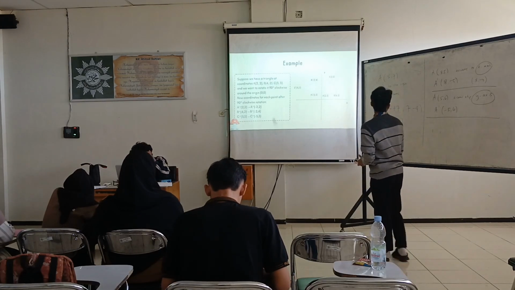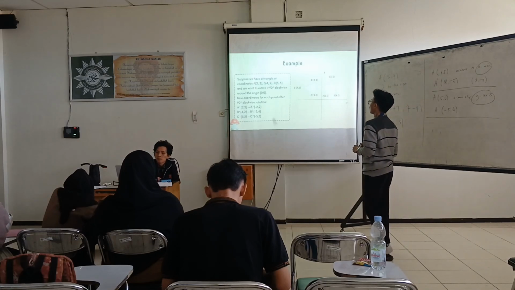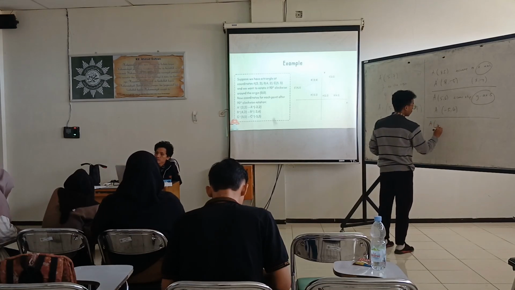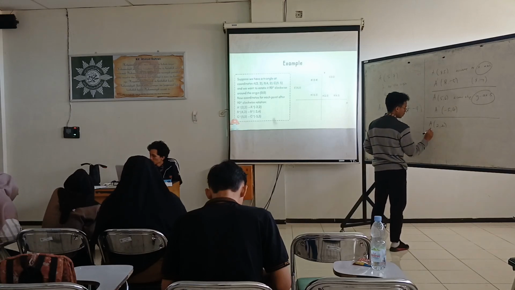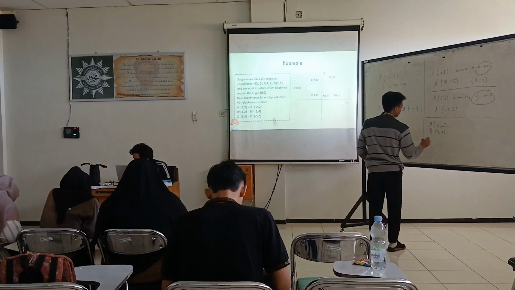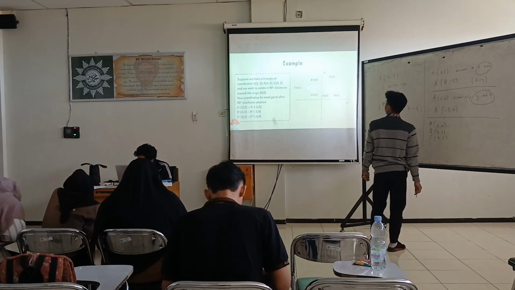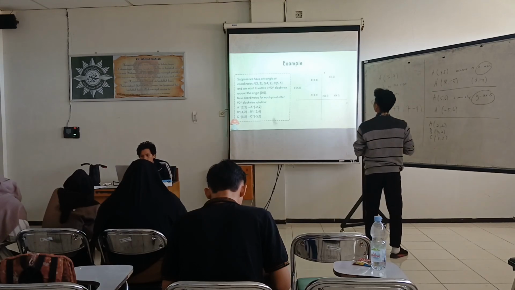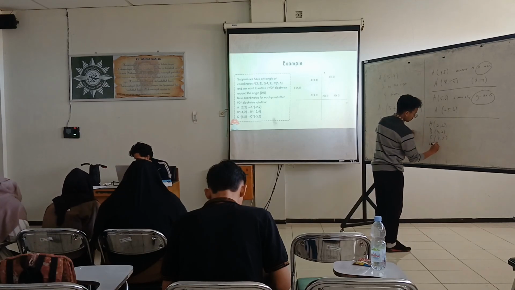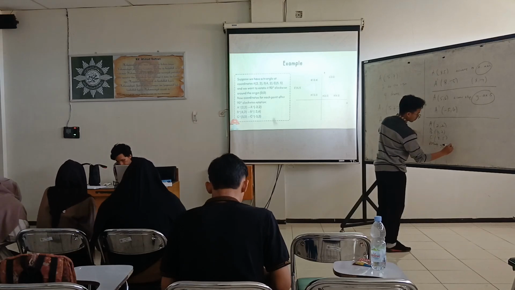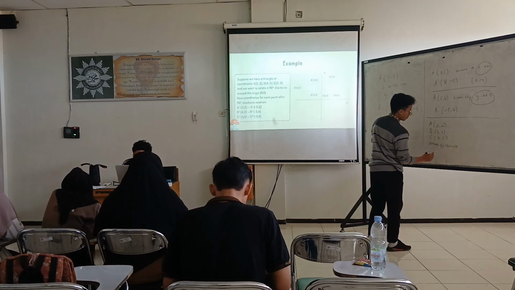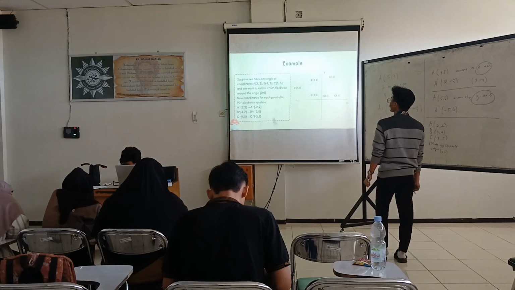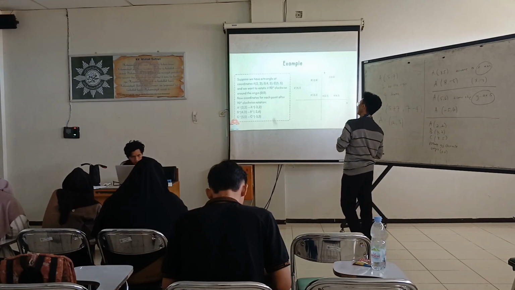Now for example, suppose we have the triangle at coordinates A (2, 2), B (4, 2), and C (3, 5), and we want to rotate it 90 degrees clockwise around the origin (0,0).